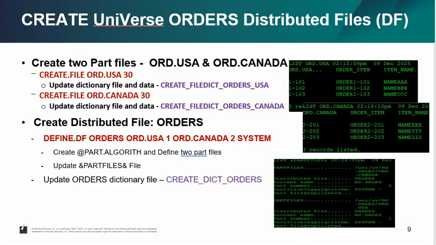Same thing for the ord.canada data file. After you create it, you can create a distributed file called orders. Just use the DEFINE.DF command: orders, part 1, part 2, system, using the last one, the system algorithm. After it is created, you can update the dictionary.